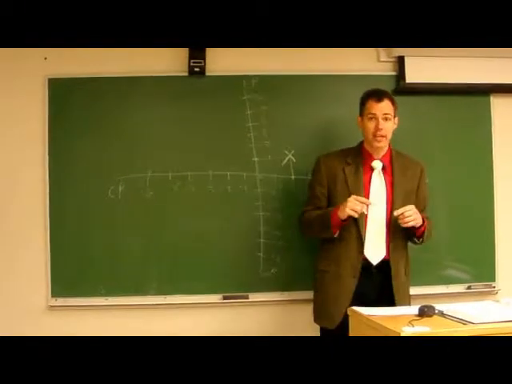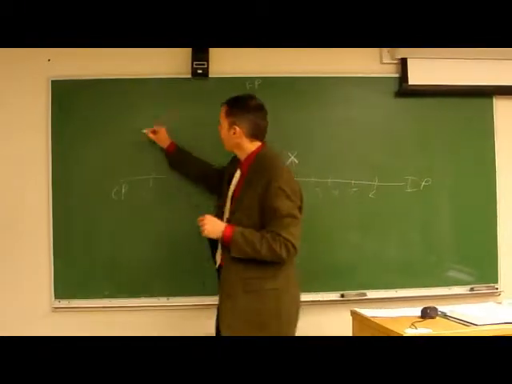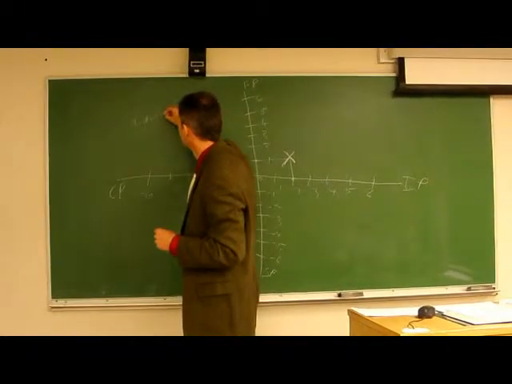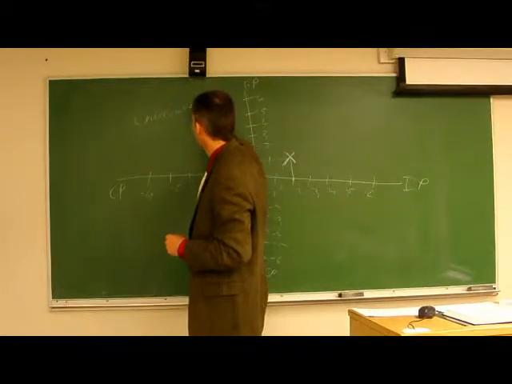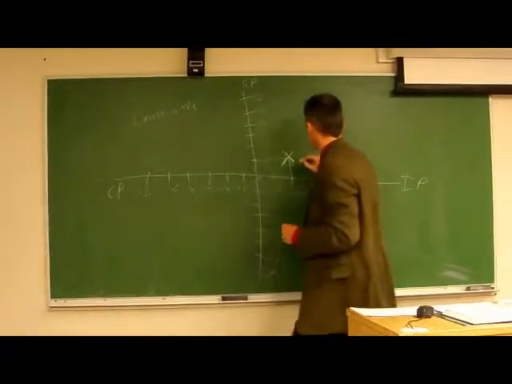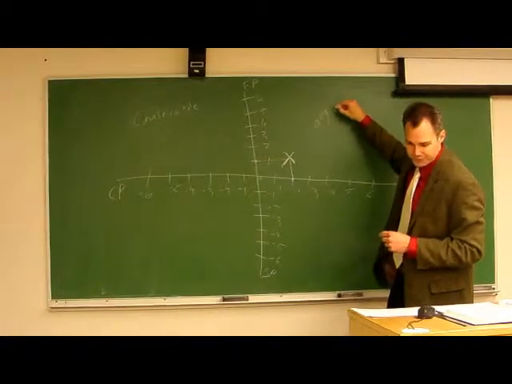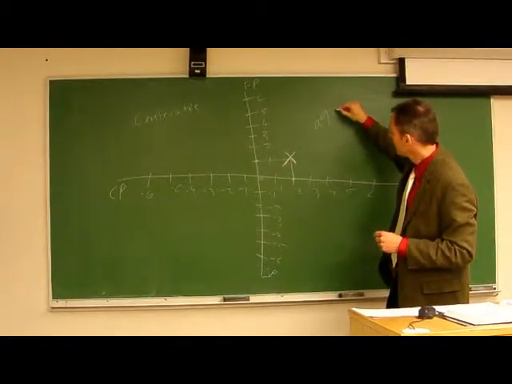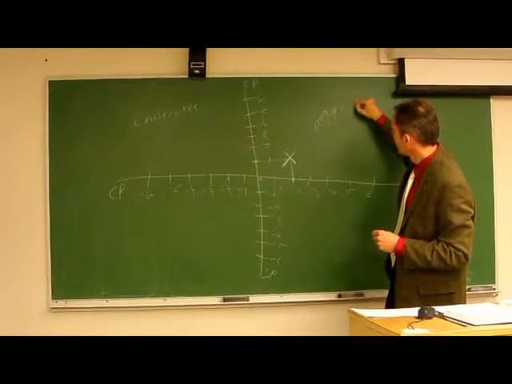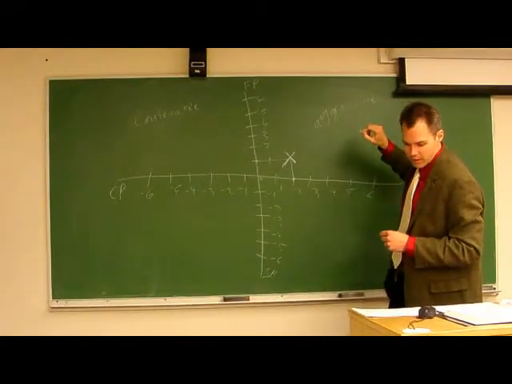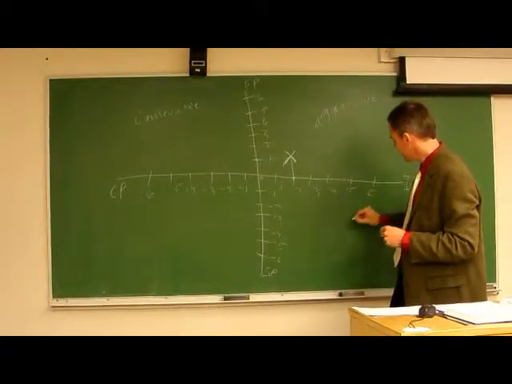Well, each quadrant is labeled. Here you have conservative. Here you have aggressive. And here you have competitive.